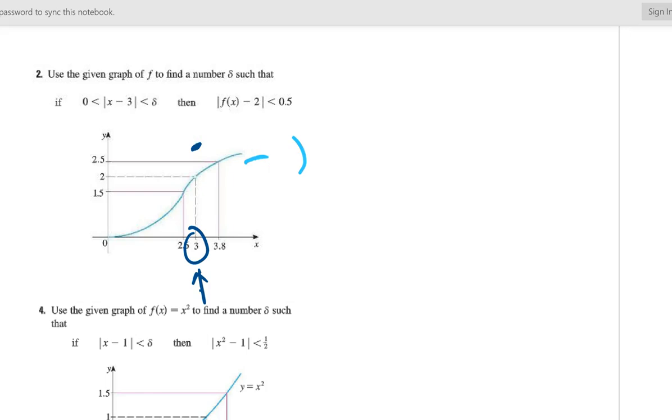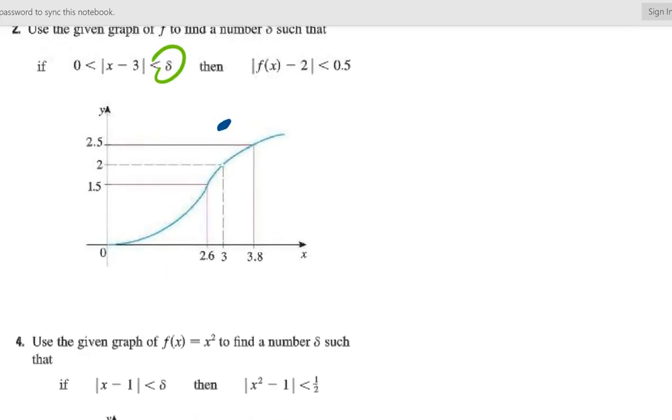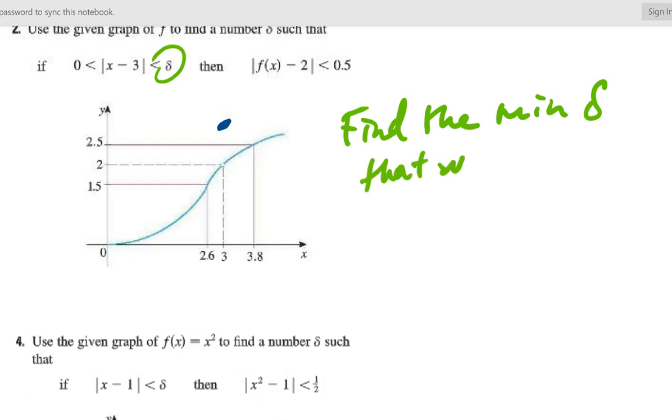With this problem here, we're having to find out what the number delta needs to be for f of x minus 2 to be less than 0.5. So we're going to have to pick the minimum delta, basically. We have to find the minimum delta that works for both sides.